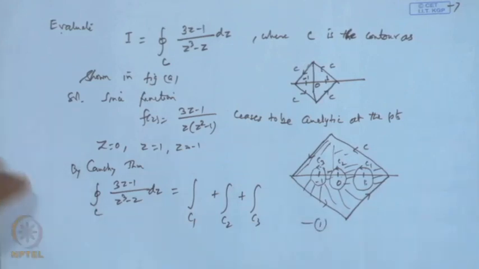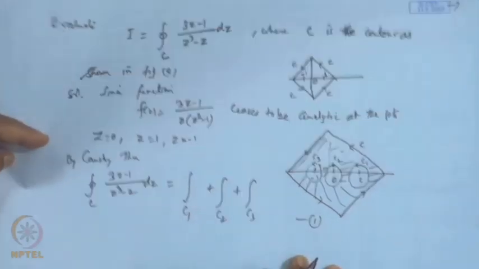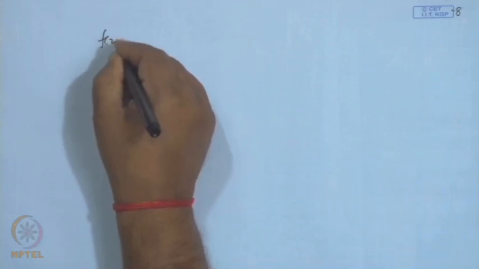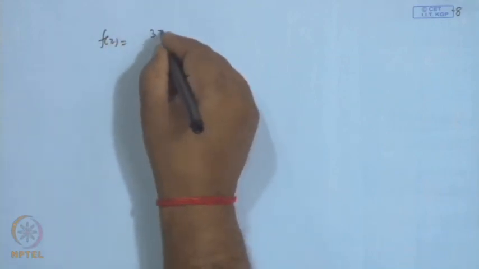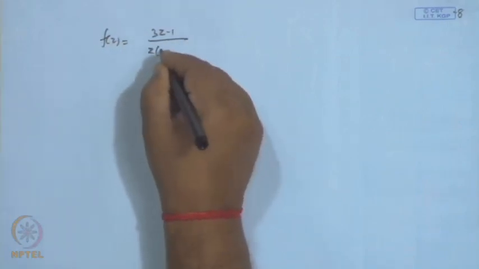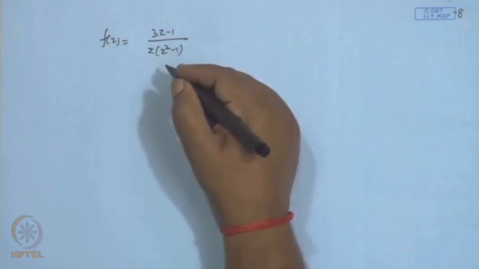So, let it be 1. Now, what is our C1? The function f(z) is (3z minus 1)/(z squared minus 1)z.